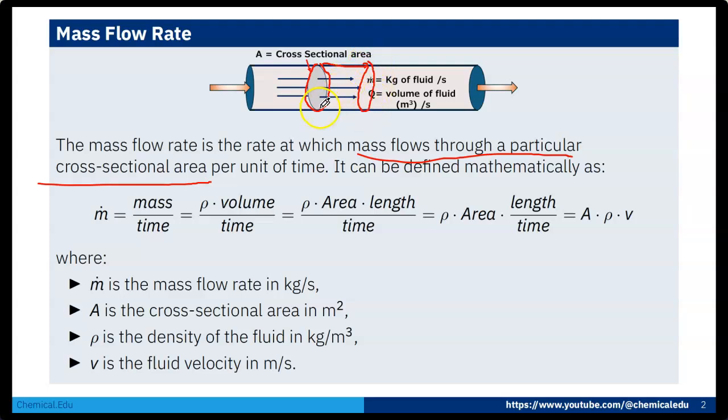Volume will be cross-sectional area into length. So here rho into volume, so rho into area into length, divided by time. If we segregate rho and area, that is rho into cross-sectional area, then length per time. Length per time is nothing but velocity.